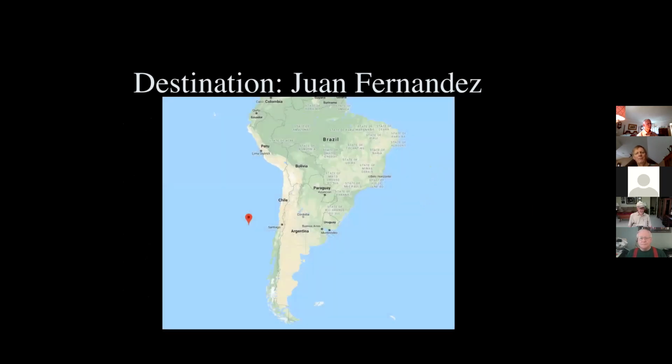Well, I put a map pin here at 33 degrees south latitude. And so they know that Juan Fernandez is on this line, but which way? Do we go to the east or do we go to the west?